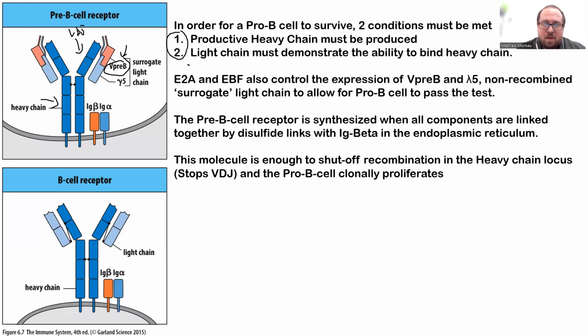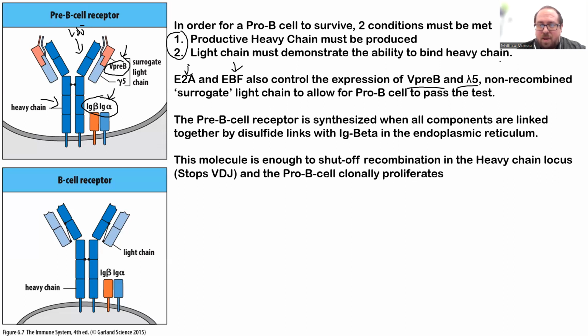The heavy chain, its co-receptors immunoglobulin alpha and beta, and the expression of IL-7 all activate E2A and EBF, and the very first thing expressed in relationship to the heavy chain and immunoglobulin alpha and beta is V-pre-B and lambda 5.